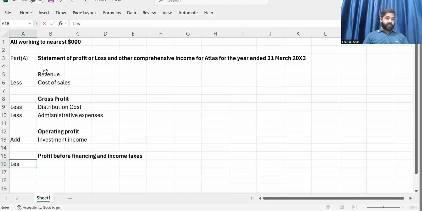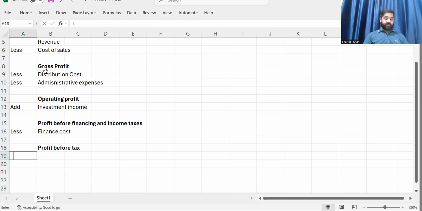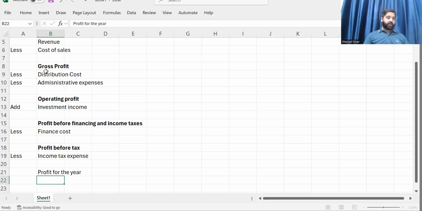Okay. Then we have to deduct the finance cost. Then profit before tax. Okay, then we have to deduct the income tax expense. And at last we will get profit for the year, right?